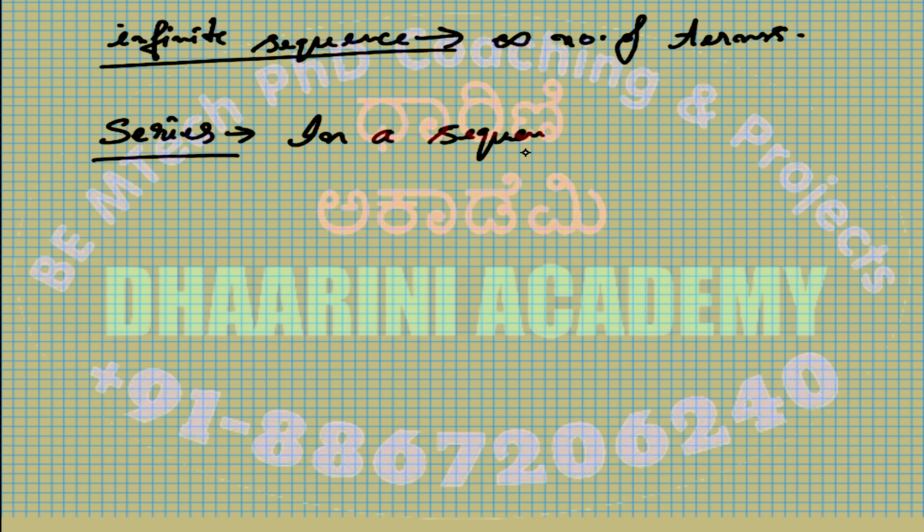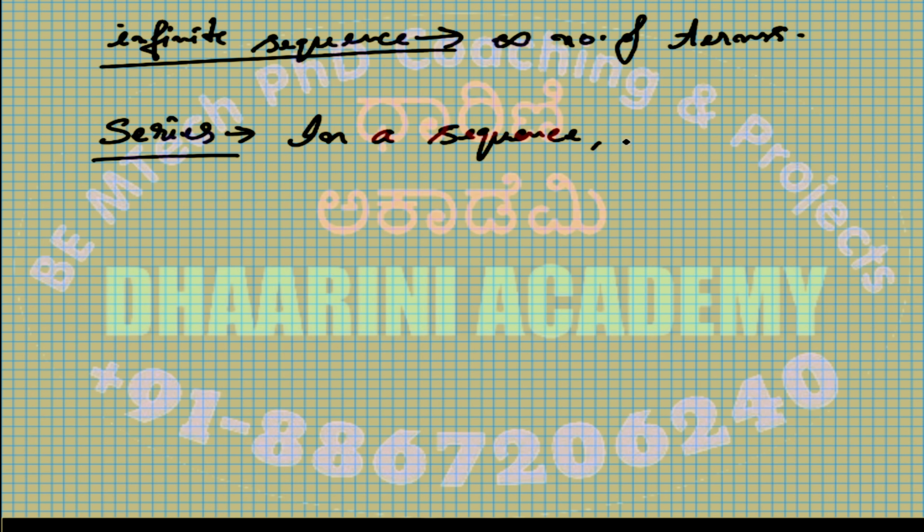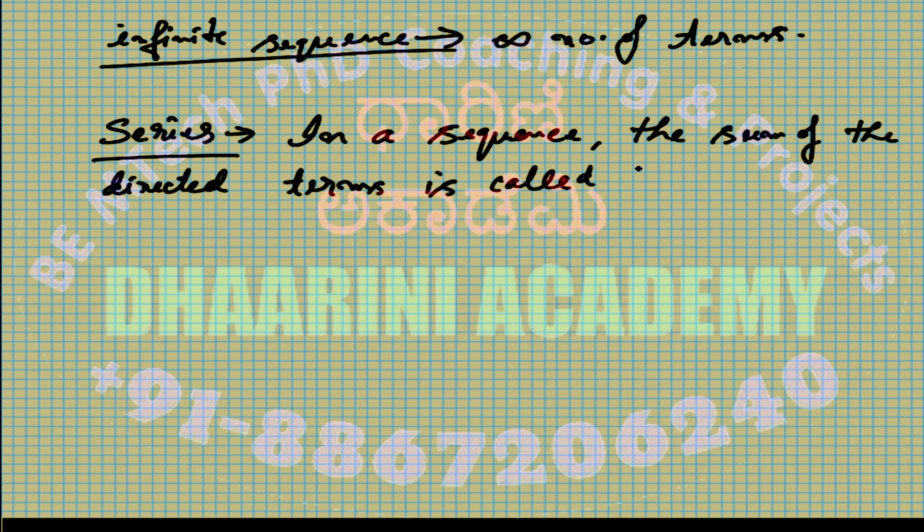In a sequence, the sum of the terms is called a series.